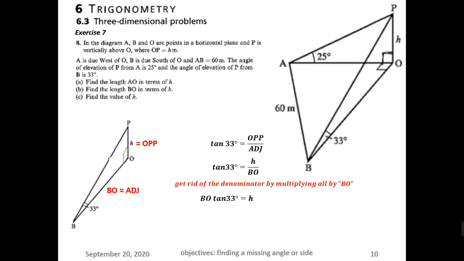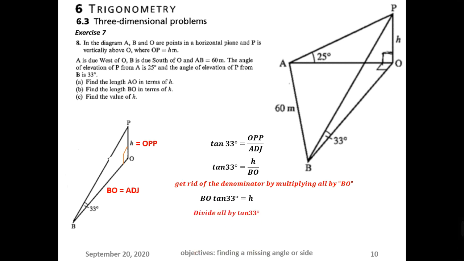In this case, H is my subject, but what do I want? I want BO to be my subject. So, BO times tan of 33. To get rid of tan of 33, we're going to apply opposite operations. The opposite operation to multiplying is dividing by tan of 33.